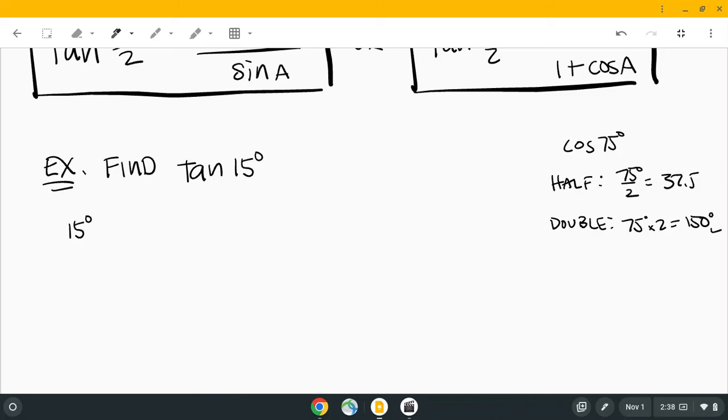All right, so we know we're dealing with 15 degrees. If I take half of that, that would be 7.5 degrees. That's not anything we memorized. It's not the reference angle of anything we memorized. If we double the 15, then we get 30. That's something we like. So tangent of 15, we're going to rewrite the 15. 15 is the same as 30 divided by 2.